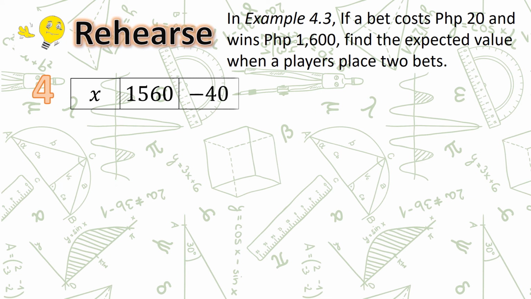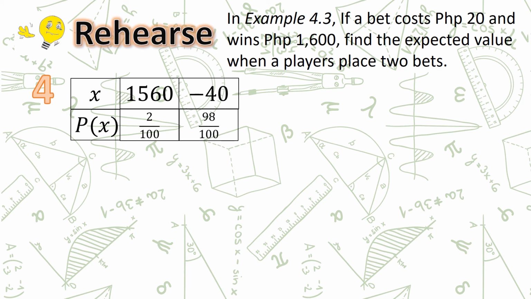Next is negative 40, again because the player placed 2 bets. The corresponding probabilities, 2 over 100 because there will be 2 chances of winning out of 100 bets. And the probability of not winning is 98 over 100.